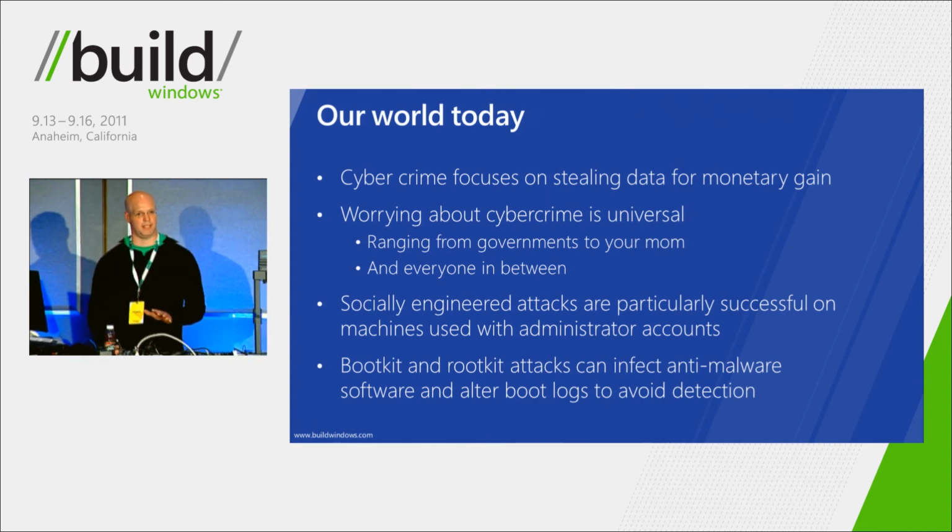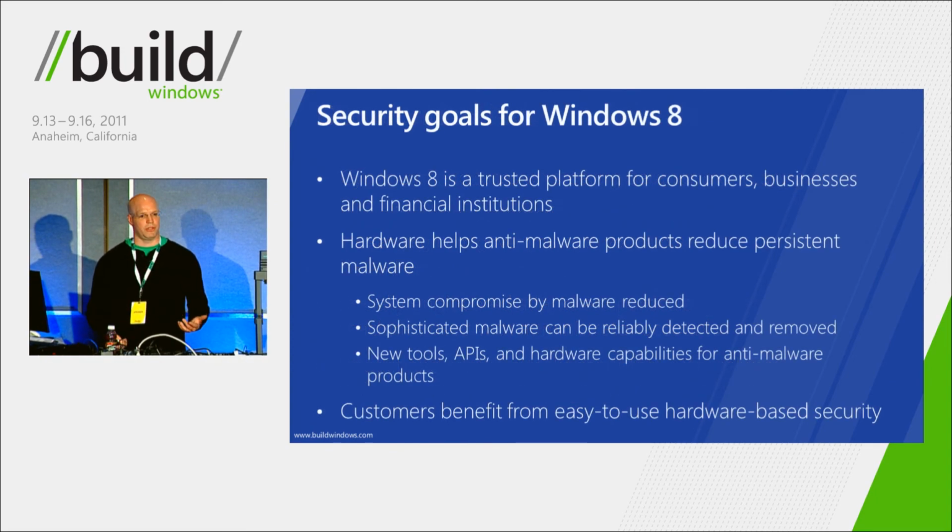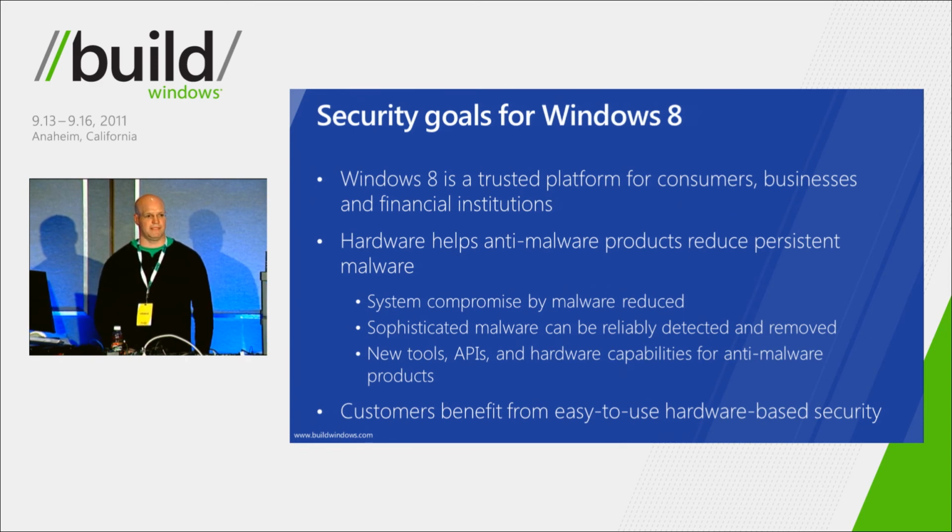So given this context, we thought about our security goals for Windows 8. If you've got things out there like Stuxnet worms or Duqu viruses or things like that, there's a lot of things we need to address. And what we'd like to make sure of is that Windows 8 is a trusted platform for all kinds of scenarios, for consumers, businesses, enterprises. And we'd like to leverage hardware-based security that comes on customer systems to be able to help solve those problems that exist today.